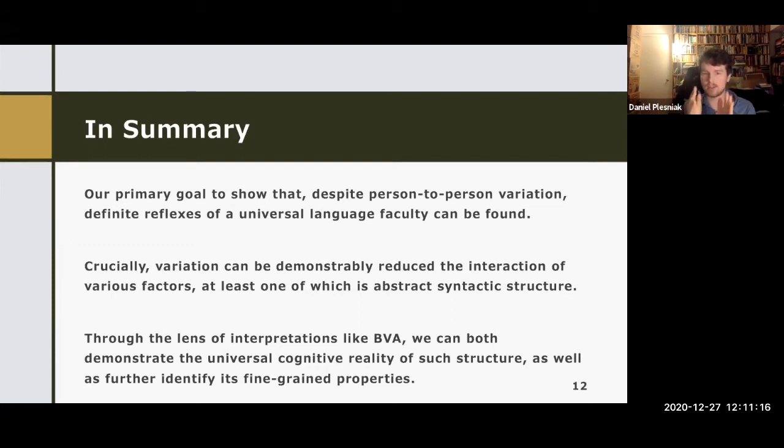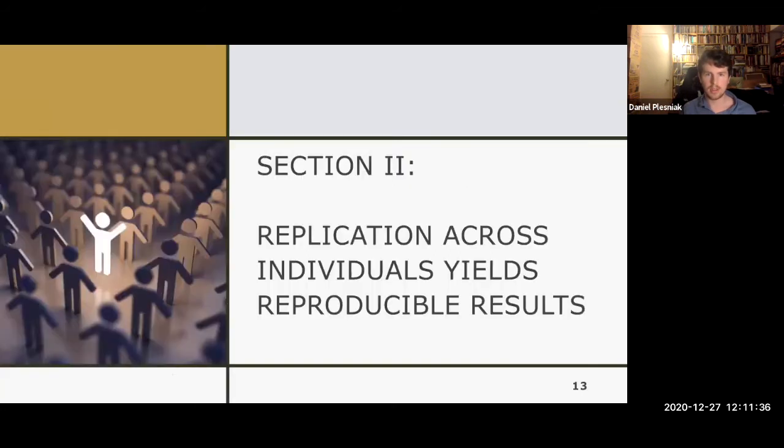And one of those factors is definitely abstract syntactic structure, or so we'd like to claim. And through the lens of things like BVA and when it's available and when it's not, we can both demonstrate that there's this universal cognitive reality of a syntactic structure, as well as, again, we may get to talk about this, maybe not, further identify some of its fine-grained properties.